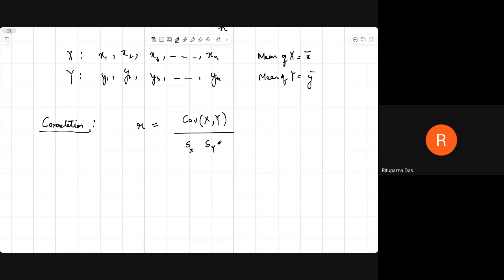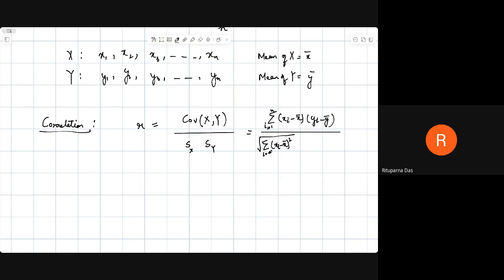So when you simplify it, you get the summation of xi minus x bar into yi minus y bar, with i from 1 to n, divided by, for the standard deviations, the square root of the summation of xi minus x bar whole square, and similarly for y.